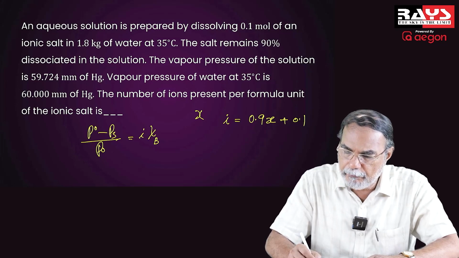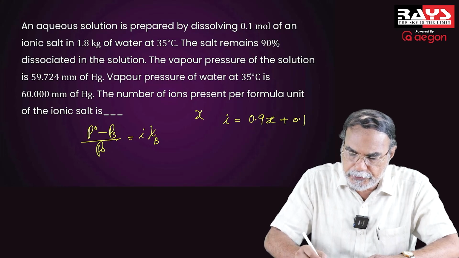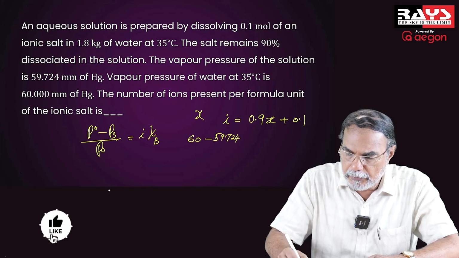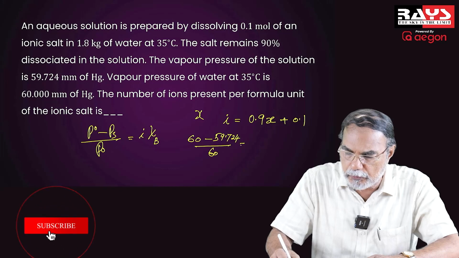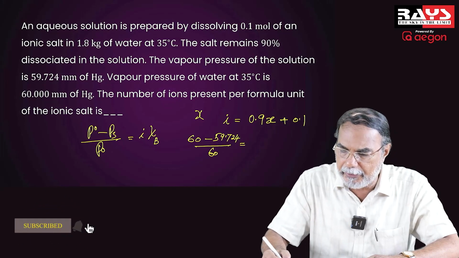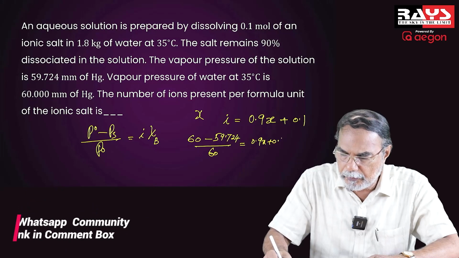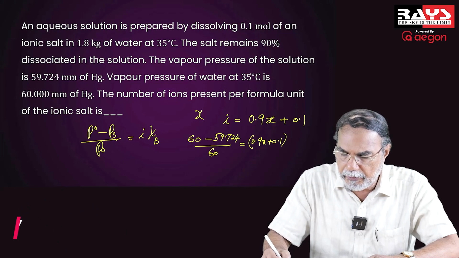So you can substitute P0 as 60. So what you get is 60 minus 59.724 divided by 60 is equal to i, that is 0.9x plus 0.1, multiplied by the mole fraction of the solute.